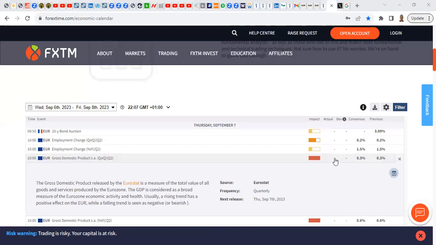Which means we should be buying euro for the currency pair of euro USD, because euro is the base currency. If you are trading another currency pair where euro is the quote and euro is strong, you will have to sell that currency pair. Because our example is euro USD, euro is the base.